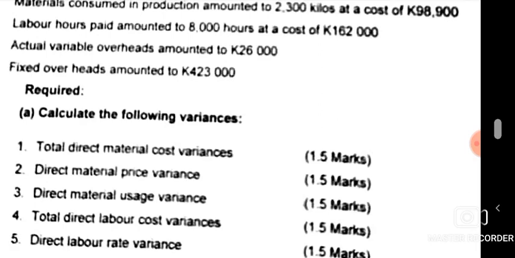So I'll find these two first, the material price, then the material usage variance. Once I find those two answers, I'll add them and I'll find the answer to number 1, which is the total direct material variance. This is just a shortcut I want to take, so that I don't confuse you with many formulas. This is an alternative way to find the total. So let's go first to direct material price, then usage, then we'll get back to total again.